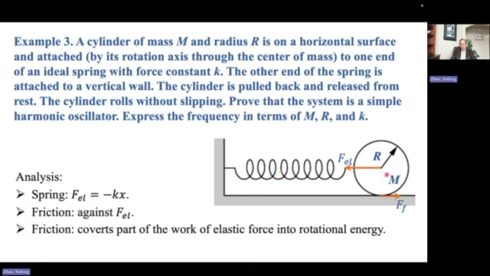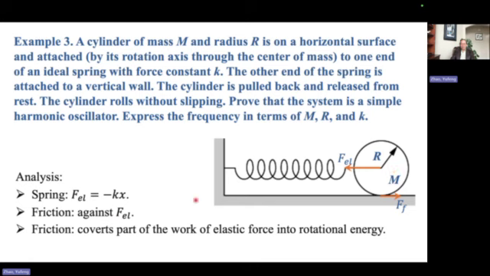In that case, all the kinetic energy is translational kinetic energy, and all the work done by the spring will be converted into translational kinetic energy. But because of friction, the kinetic energy is divided into two parts: one part is translational kinetic energy, the other part is rotational kinetic energy.